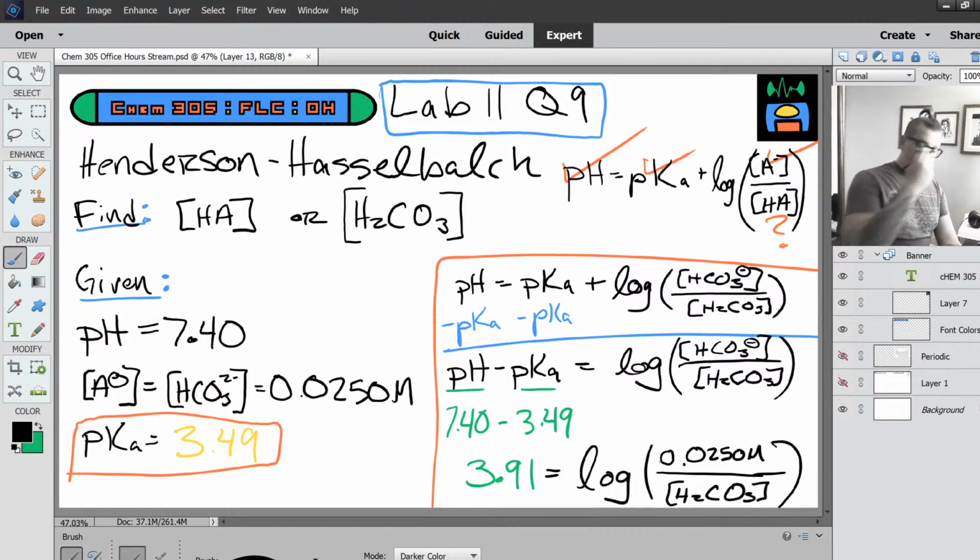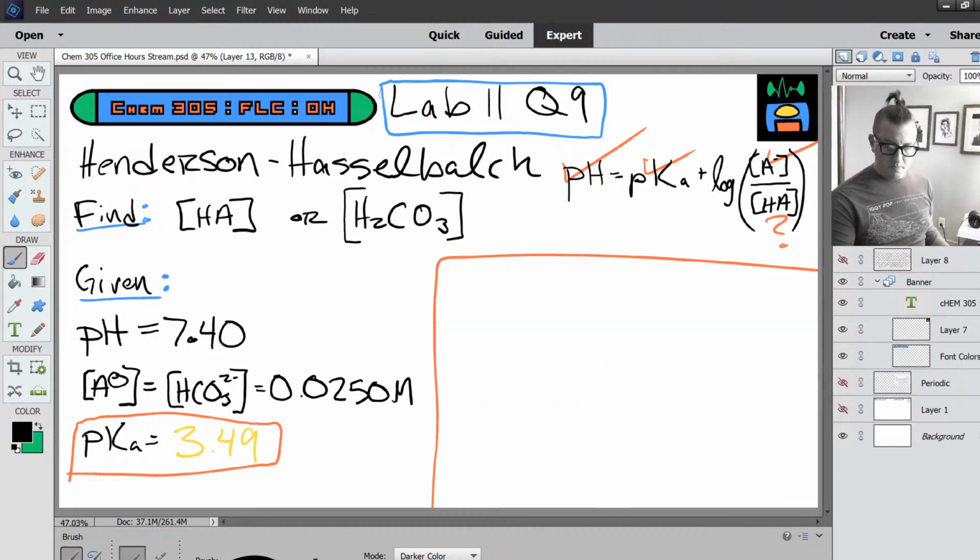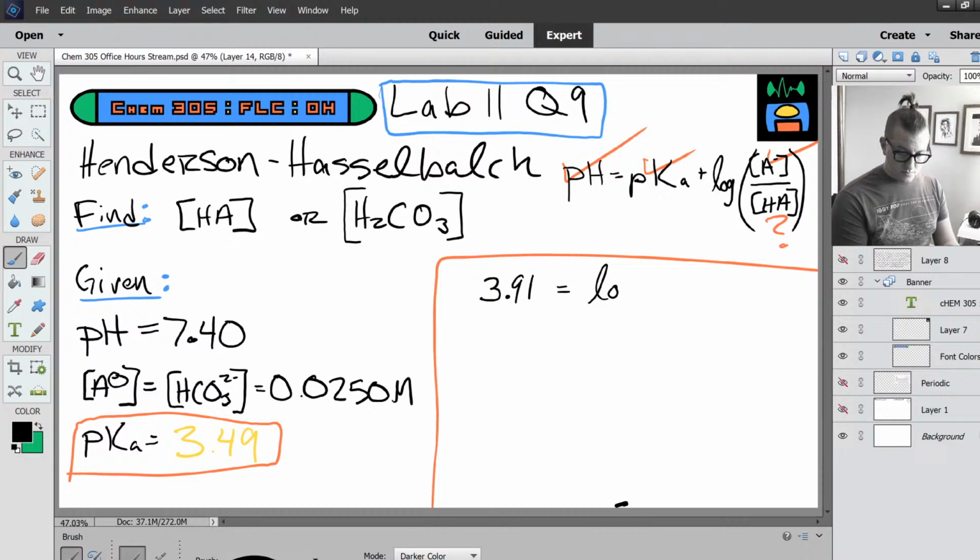I'm going to clear this mini stage on which I'm working this problem. Now we're in not a pickle per se, but we need to remember how to get something out of the argument of a logarithm.